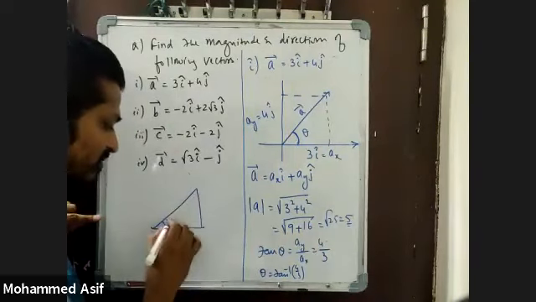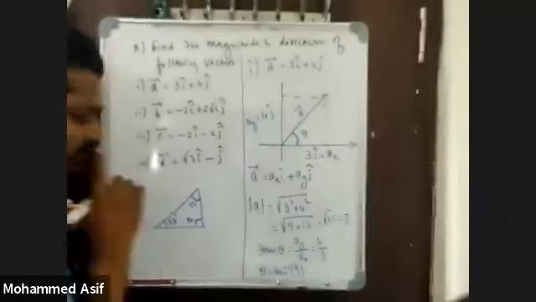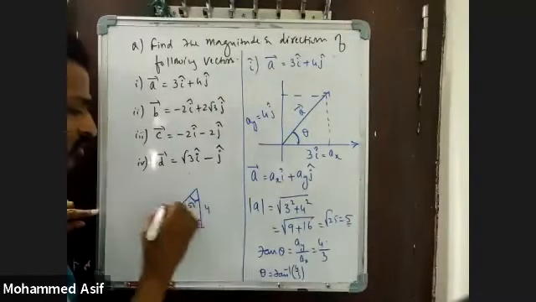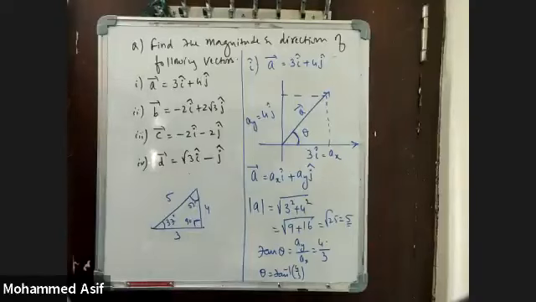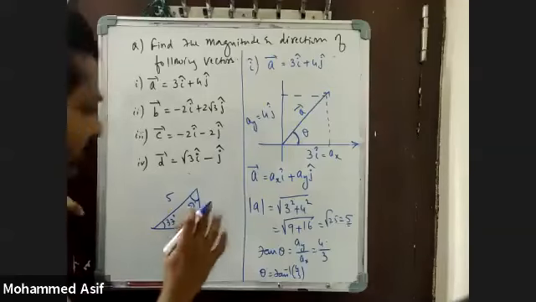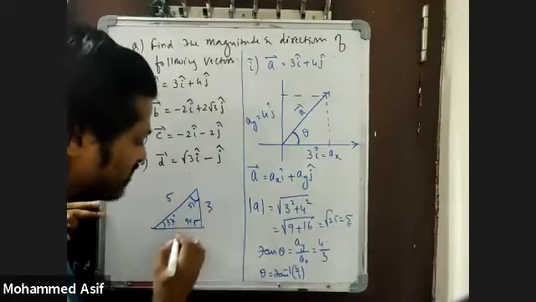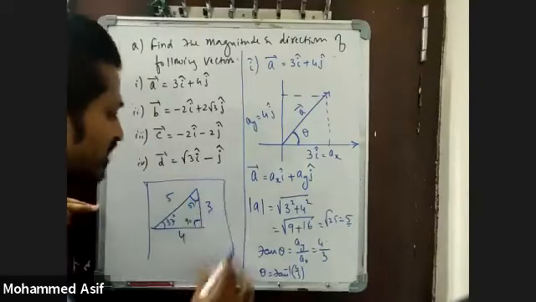This is a magic triangle, 37, 90, 53, with sides 3, 4, and 5. This is a standard triangle, but you try to remember it every time.